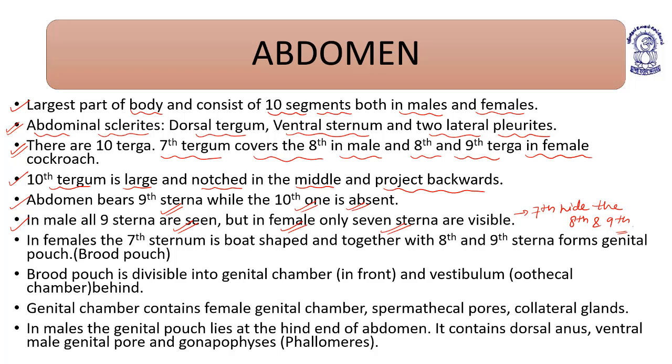In males, the 9 sterna are visible, while in females only the 7 sternites are visible because the 8th and 9th are covered.